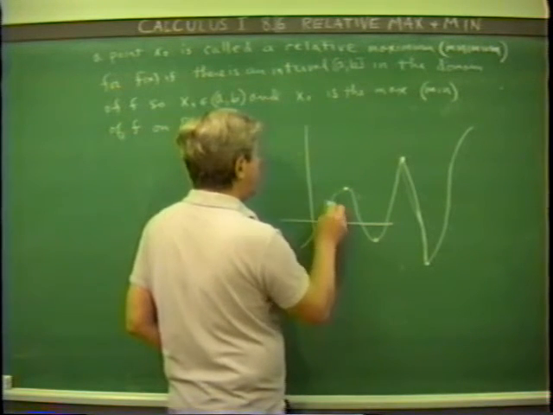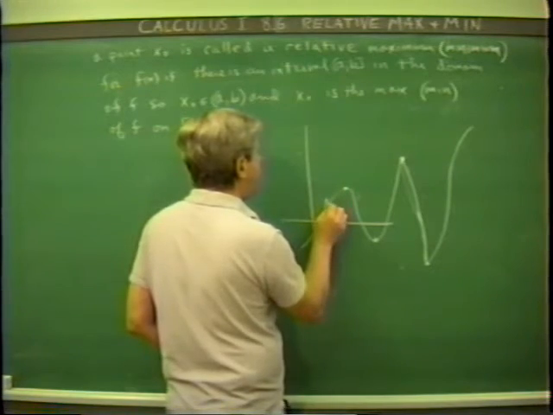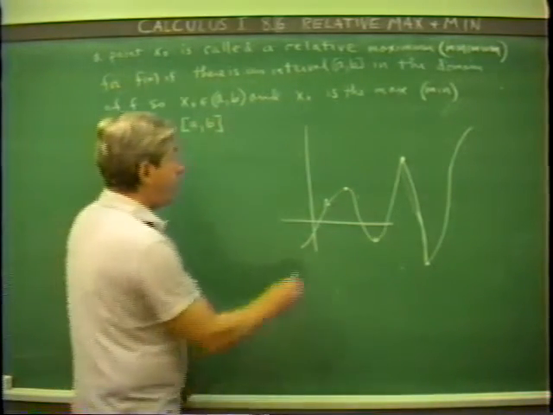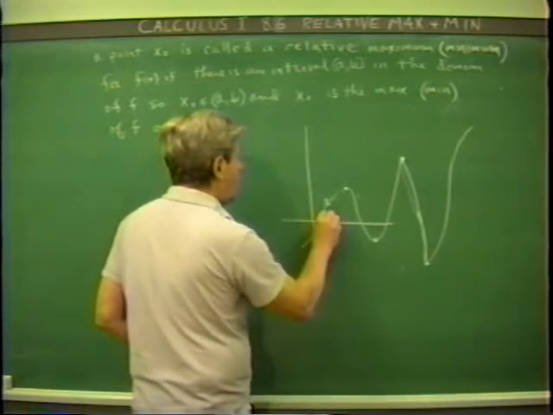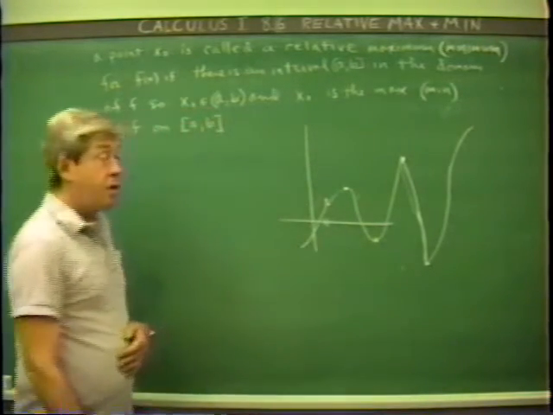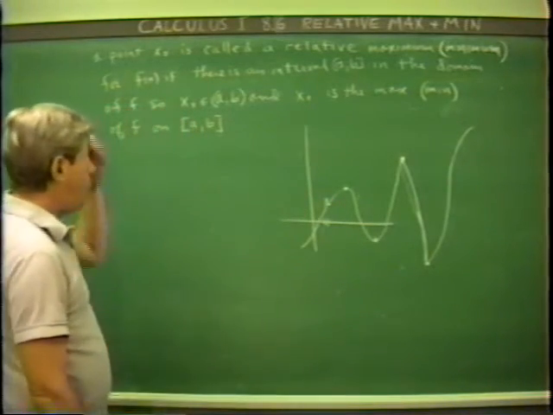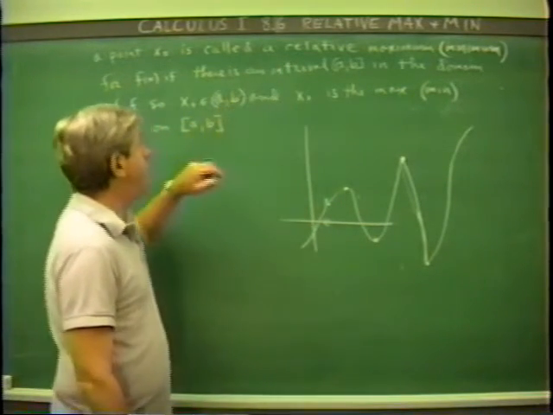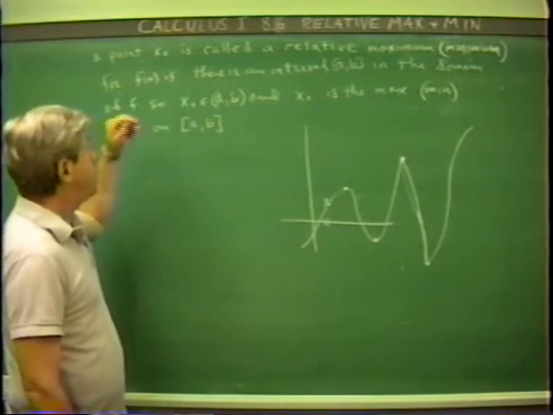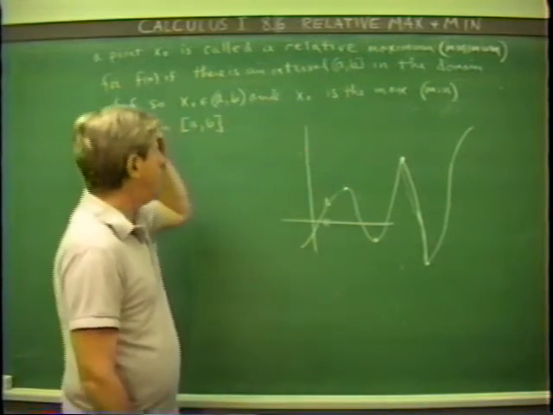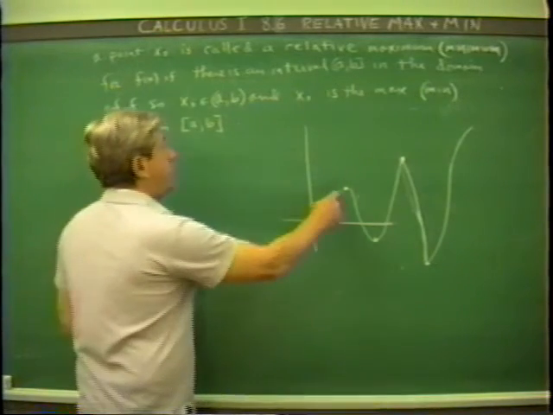If there was a little peak like so, then this would be a relative maximum, and there would be a relative minimum. Right? All that's required is that there be a small interval on which the function takes its maximum at that point. These are sometimes called strict relative maxima and strict relative minima because they actually would have a relative maximum or minimum if there were ties.